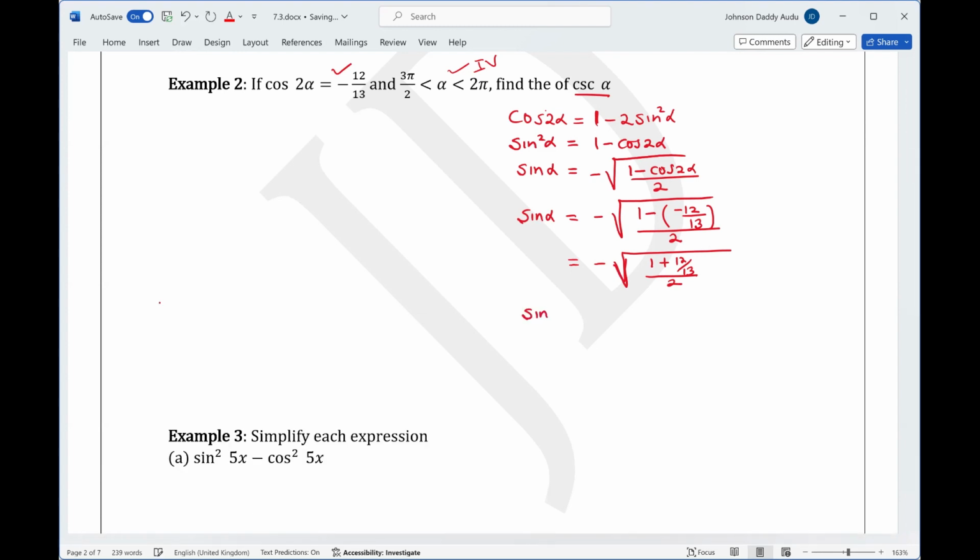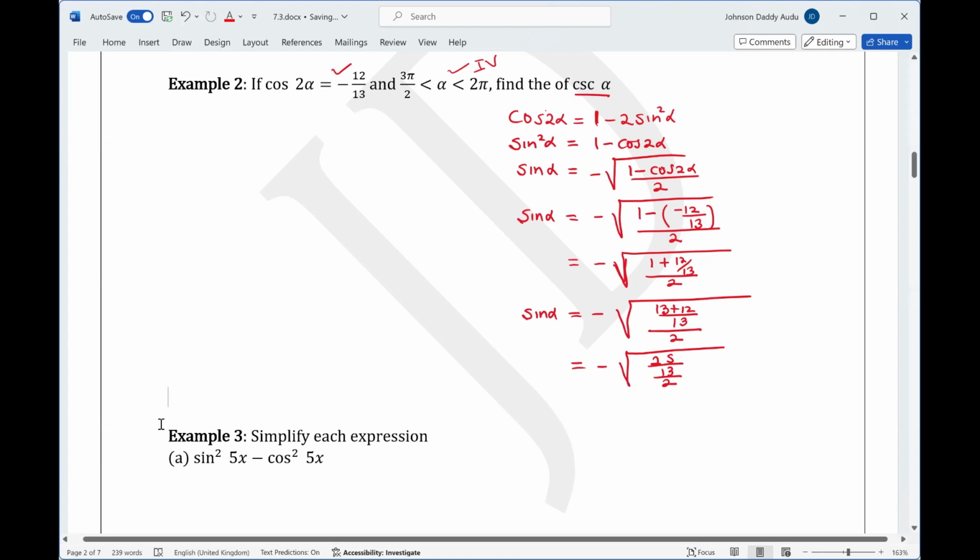Therefore, sine alpha is minus, this will give us 13 plus 12 over 13, over 2, which is just 25 over 13 divided by 2, right?